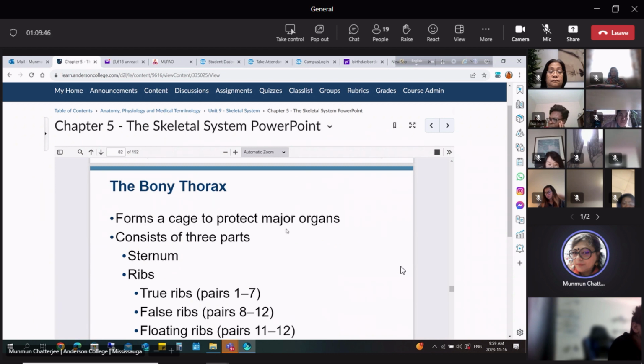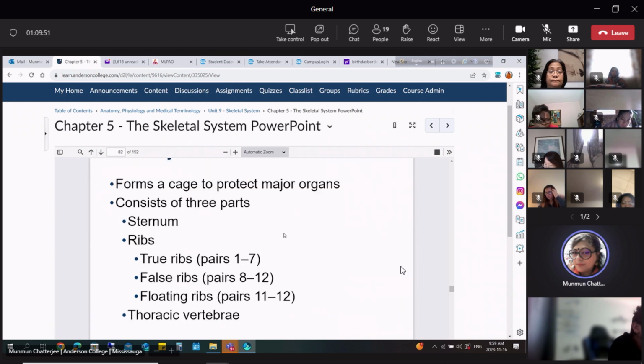Now, bony thorax is a cage that protects our upper major organs. It consists of three parts: sternum, ribs, and thoracic vertebrae. The thoracic vertebrae are in the back, so now it's coming together in the form of the bony thorax. We have a sternum, the flat bone in the front that you were shown yesterday. We have the ribs, and in the back we have the thoracic vertebrae.